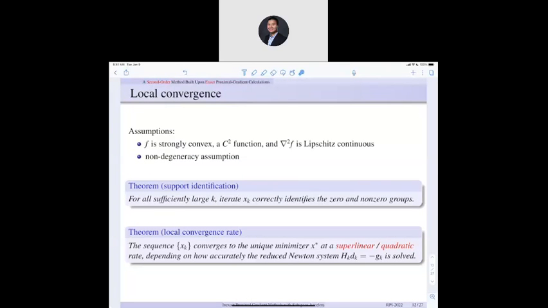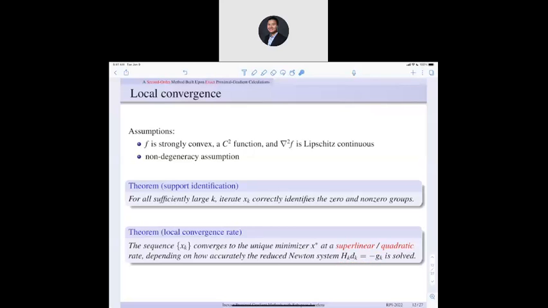Now, a local convergence result about our algorithm, very quickly. Under certain assumptions, the iterates for our method will converge superlinearly. With slightly stronger assumptions on F, it'll actually converge quadratically. It also depends on how accurately we solve the linear system that I wrote down before, where we talked about using Newton's CG algorithm.